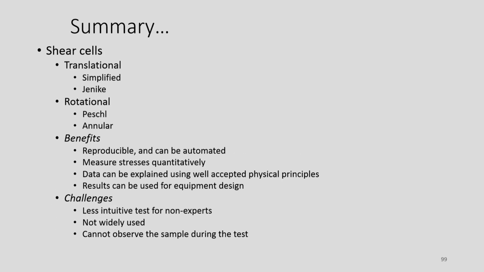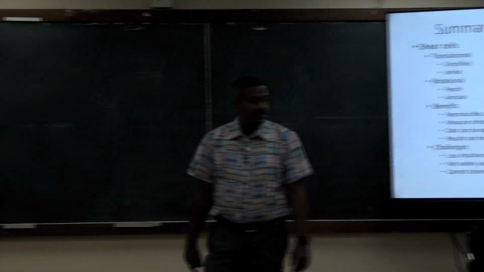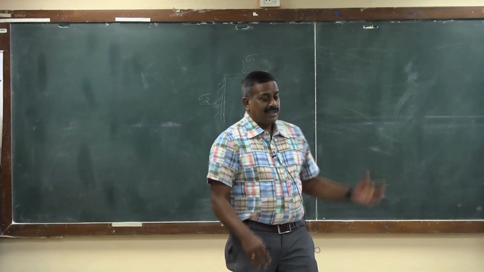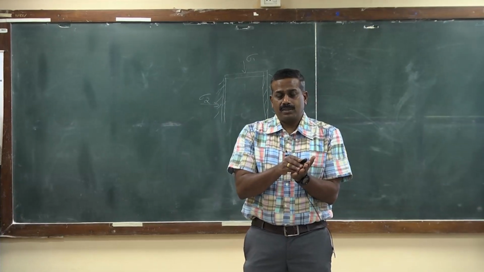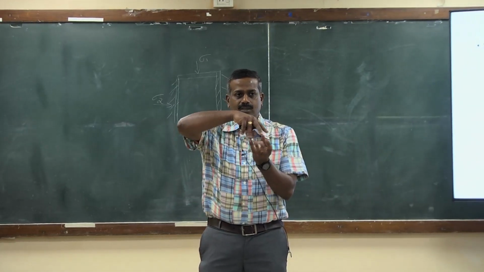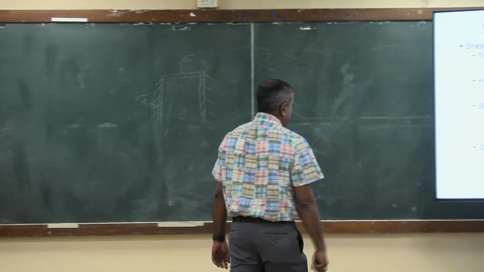I didn't talk about rotational shear cells, but there are annular and Peschl shear cells. Translation, as I've shown in the picture, moves horizontally. With rotational shear cells, the top part rotates, so that's the way it works, with almost the same measurements.